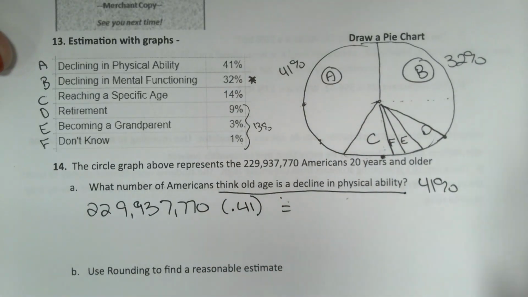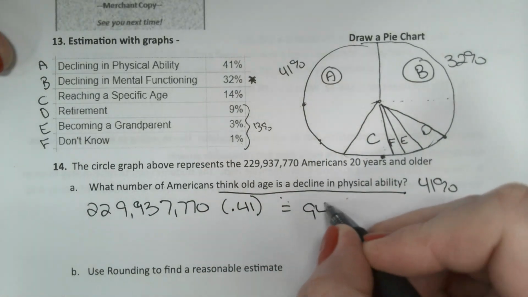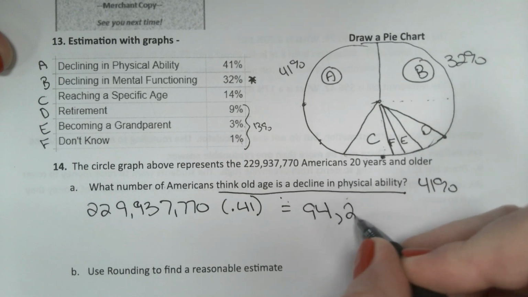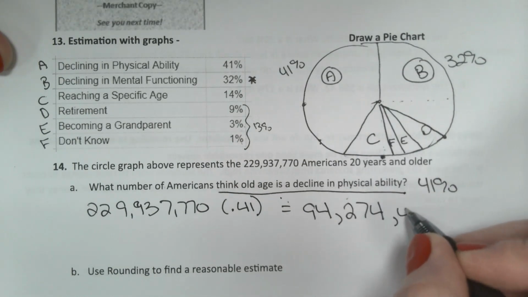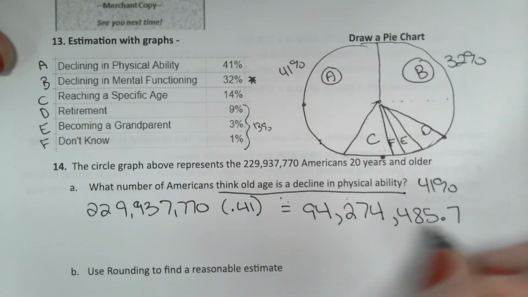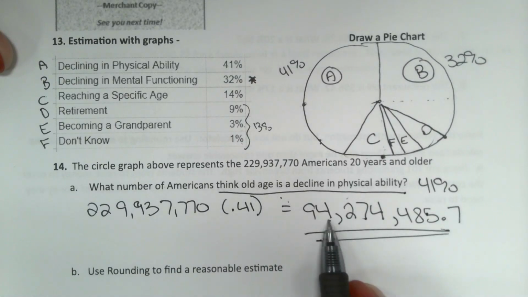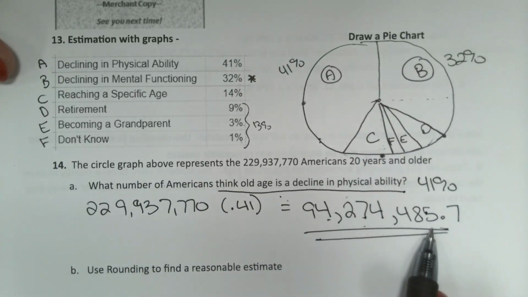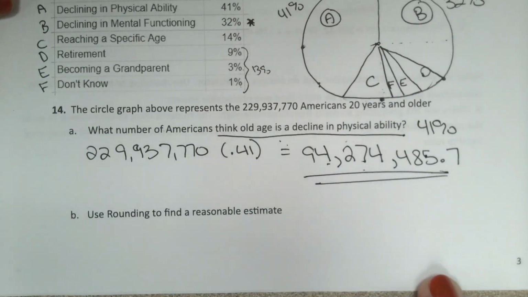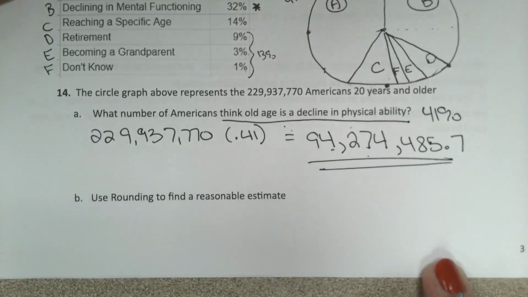And when you multiply that, you get 94,207. No, hold on a second. Hundreds, thousands, millions. 94,274,485.